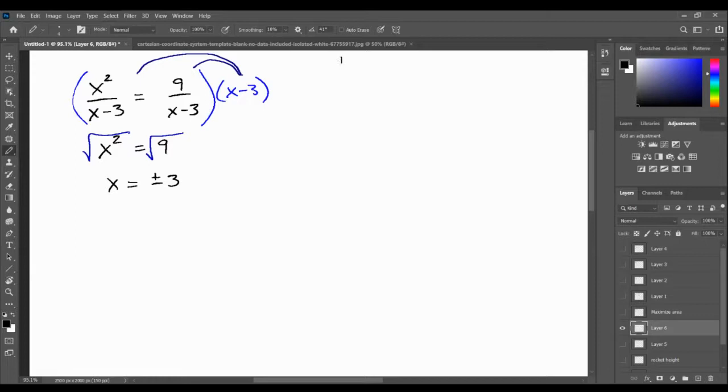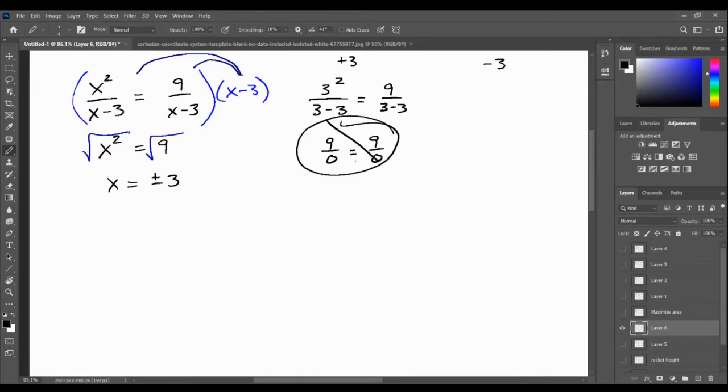Now let's go ahead and check those answers. If I use my plus 3, I've got 3 squared over 3 minus 3 equals 9 over 3 minus 3. So 9 over 0 equals 9 over 0, but I can't divide by 0. So plus 3 is not a solution.